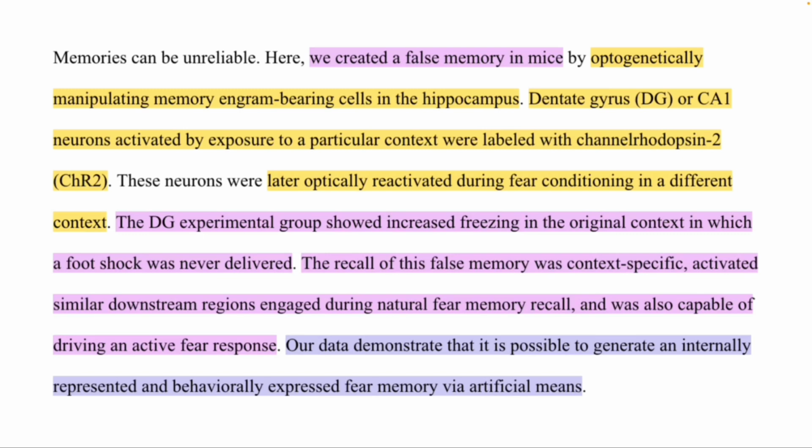Engram, okay. So optogenetics and engram, those are the ones that I really expected. And then also dentate gyrus and CA1, maybe channelrhodopsin-2. You're in luck because those are all things that we're going to talk about. If the gene is expressed, we will also talk about that.